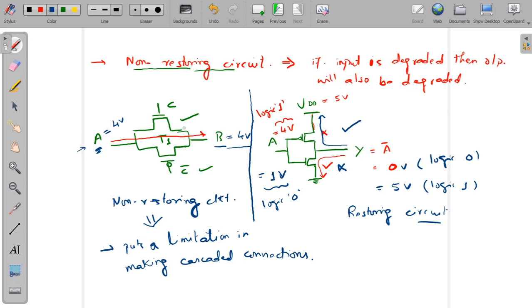So only under the assumption that the input signal is perfect in value can we use transmission gates to construct many series stages. But we are not sure about this. We cannot be sure whether the input will have perfect logic levels or not. You cannot be sure about this each time.